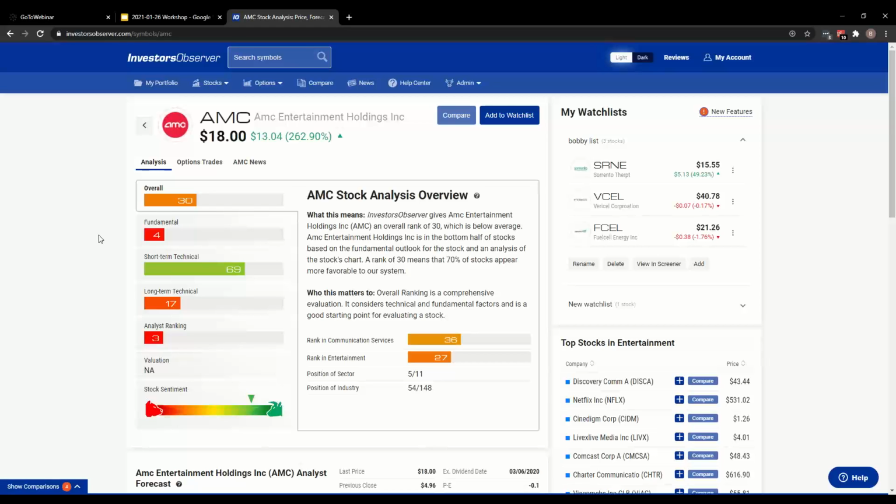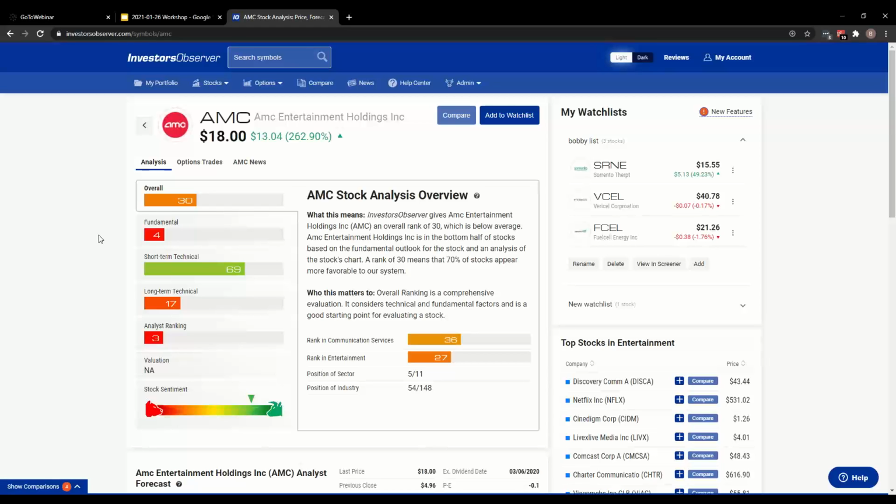The 99s are ranked better than 99% of stocks. I would expect those to do better than the 30s. But obviously, things don't get to be 99 and then stay 99 forever. They end up going back down. So the overall score is designed to be a starting point, and then whether you're a buy and hold investor who would prefer to look at things like fundamentals and valuation, or a shorter term trader who wants to look at things like sentiment and the technical scores.